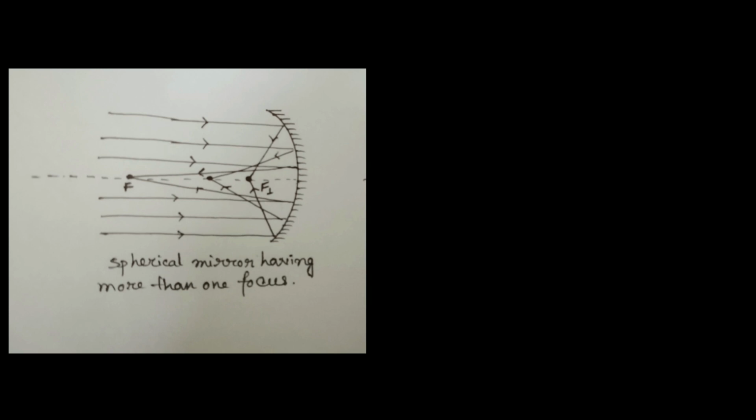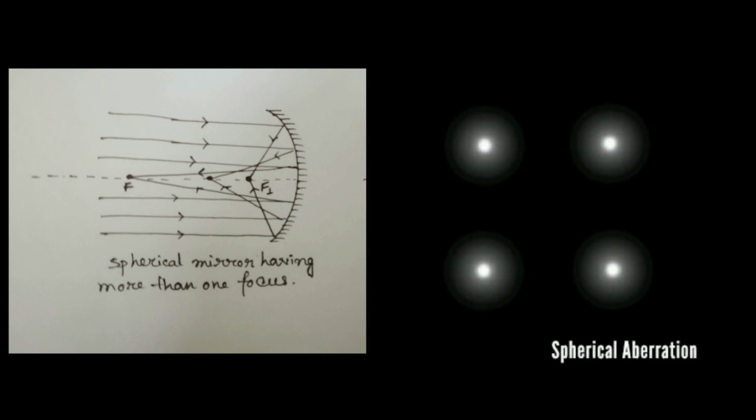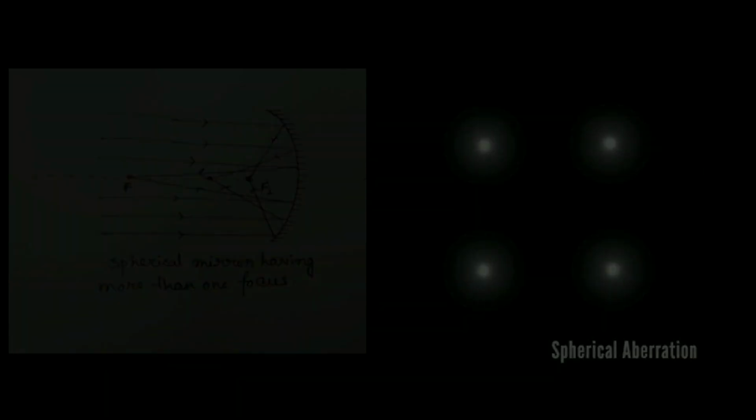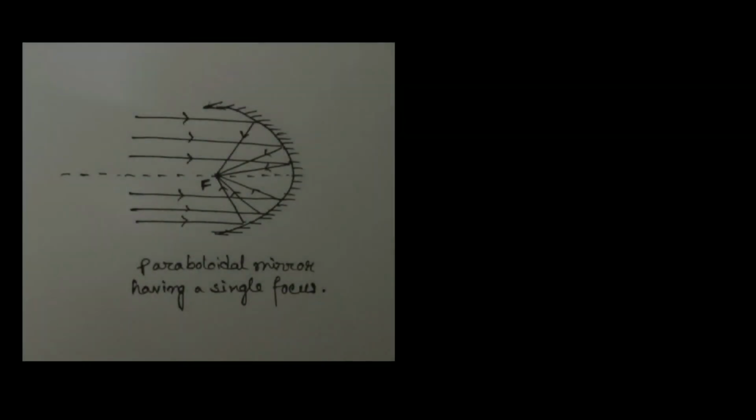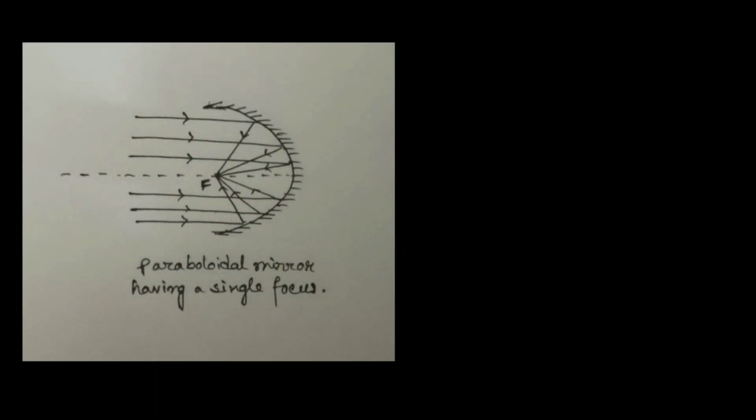Rather, they meet at various points of the principal axis between f and f1. So the image becomes indistinct. This defect of the image is called spherical aberration. But if we use a parabolic mirror, the reflected rays meet at its focus after reflection from the mirror. Hence, we can get an image free from spherical aberration.